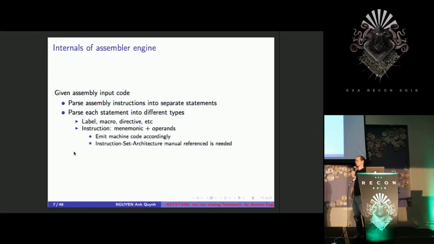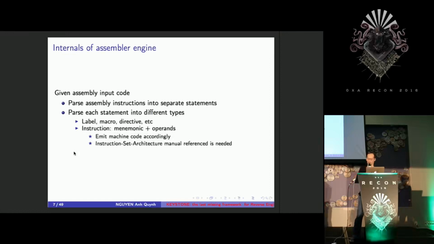An assembler engine functions in the same way inside. Basically, you give the assembler one or a few instructions. It will parse the input into many statements. And for each statement, the assembler will handle it differently. It can be understood as a label, macro, directive, and so on.